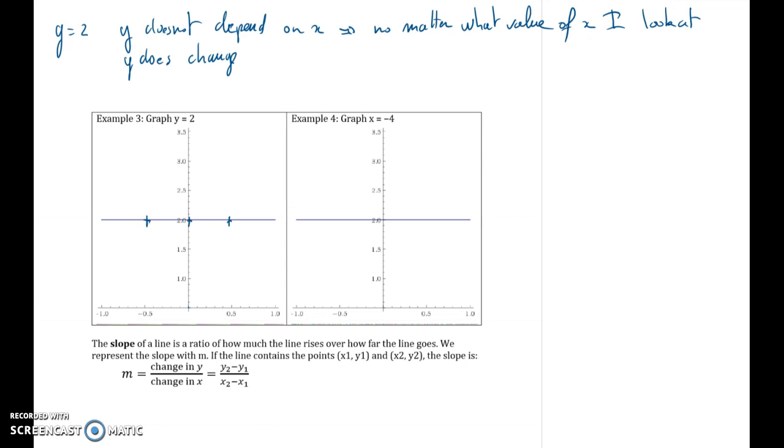Now, graph x equals negative 4. If I want to graph x equals negative 4, what I'm going to do is very simple. I'm going to apply the same idea. x does not depend on y. What does that mean? That means that no matter what value of y I look at, x does not change.